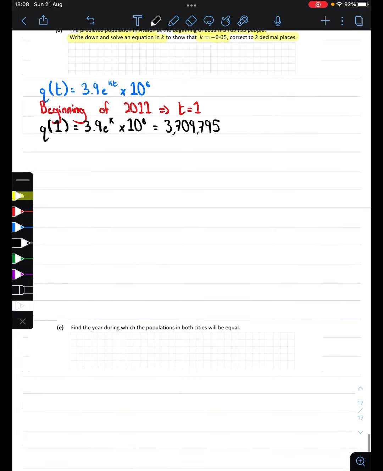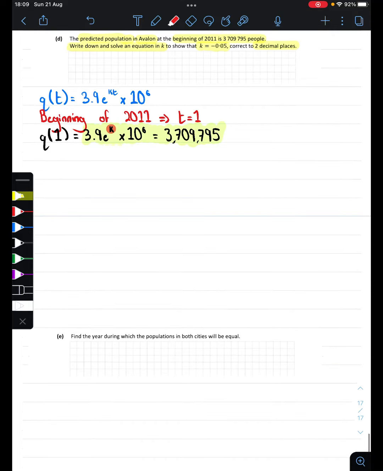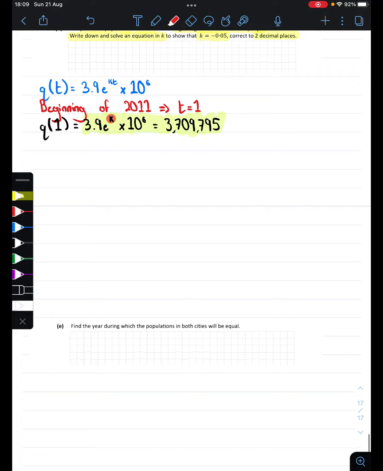Okay, so we've actually already, almost by accident, constructed an equation in k. The only unknown variable here is our k, and now they want us to solve this equation.